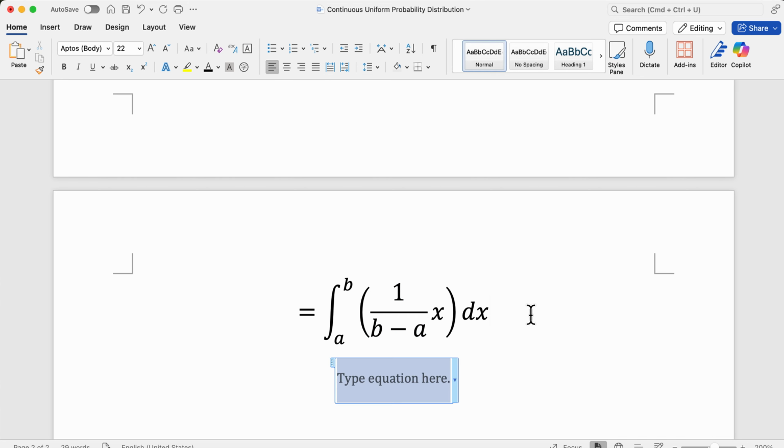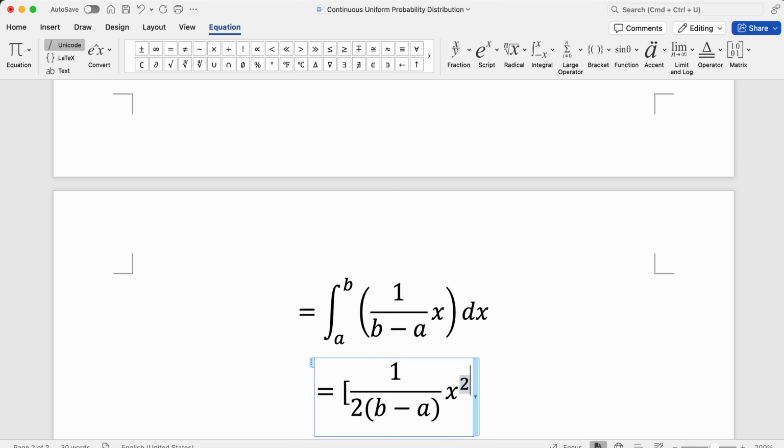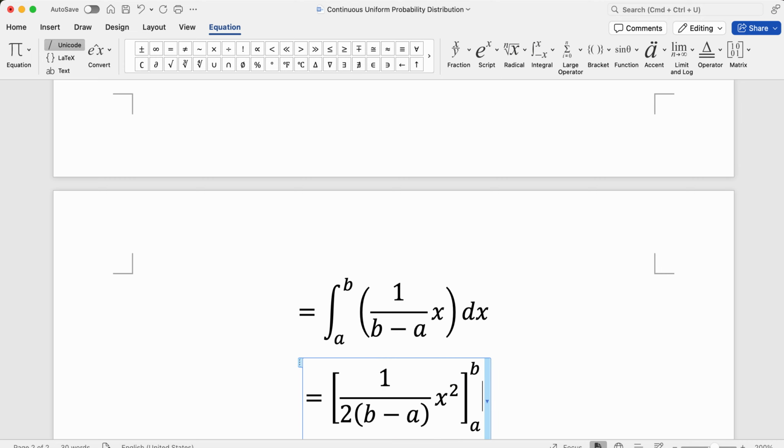So then this becomes 1 over b minus a times 1/2 times x squared, evaluated from a to b.